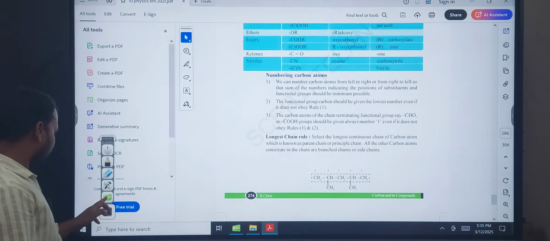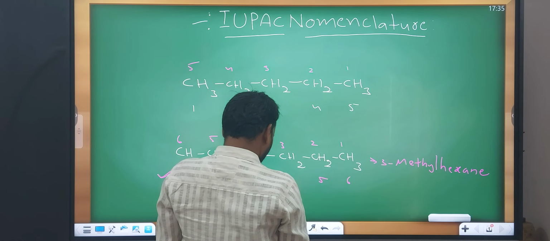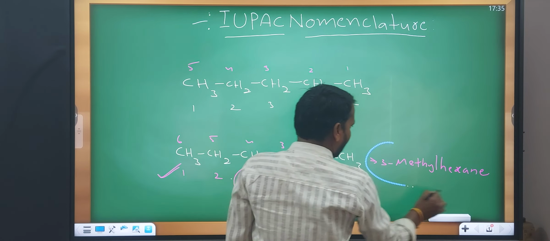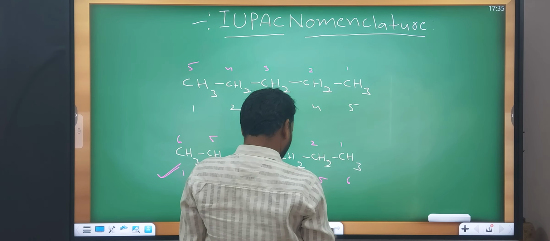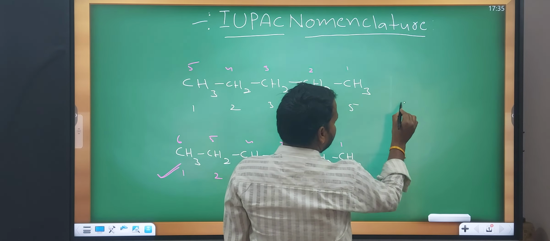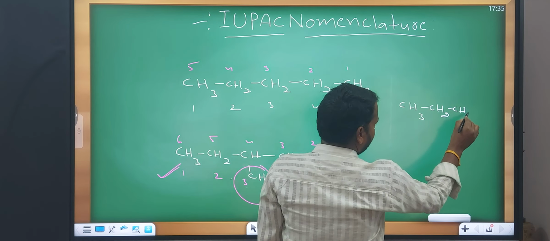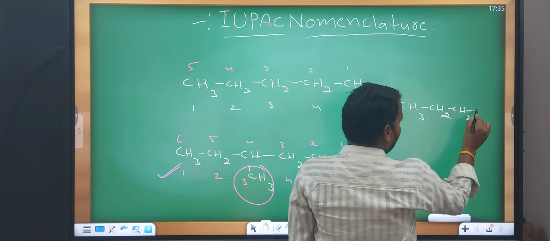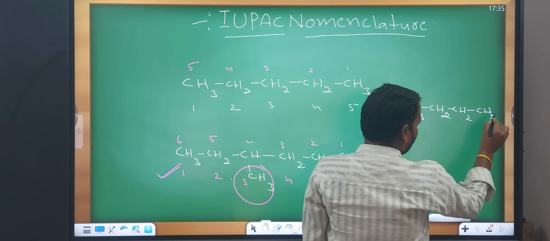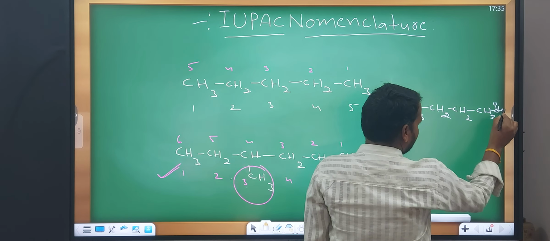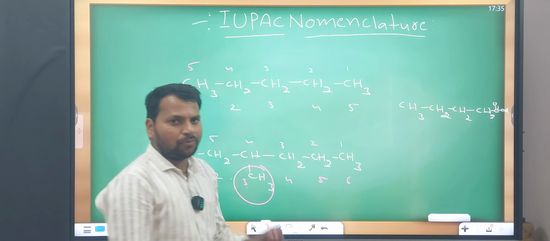Suppose the same compound: CH3, CH2, CH2, CH2, and COOH is present. So a functional group is present, so we can start numbering only from one side.